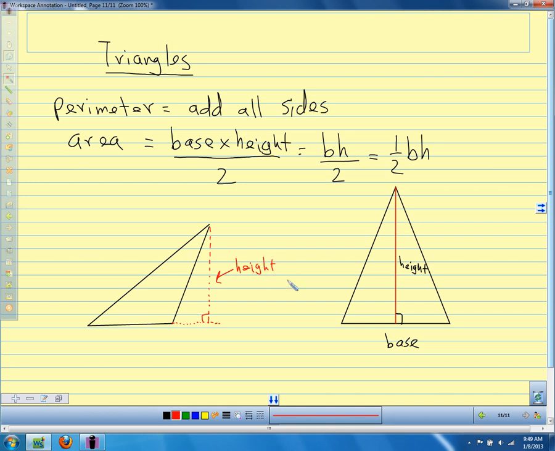So we don't have to find the height inside the triangle. It can be outside the triangle. But our formula is just base times height divided by 2. Questions on that one?